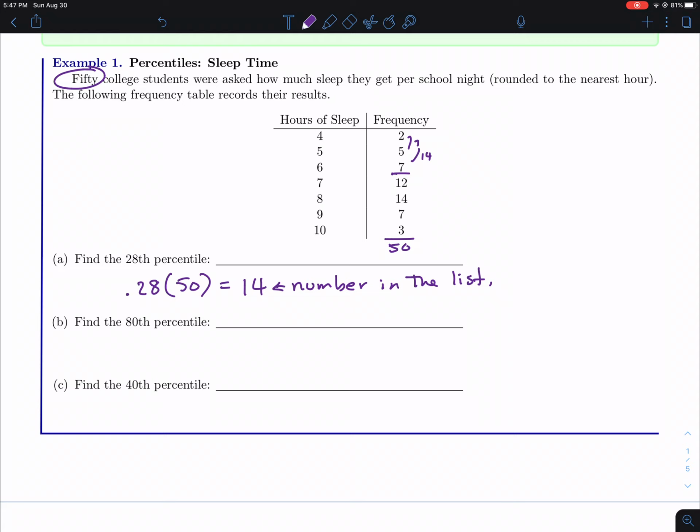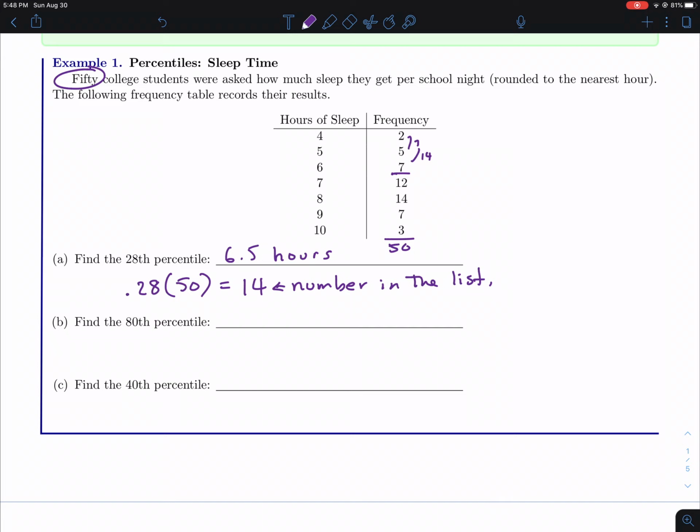But to be greater than 28%, we have to go a little beyond it, somewhere between 6 and 7. So we say it was 6.5 hours: we take 6 plus 7, divide by 2, and get 6.5 hours, because the 6 itself was at the very top of the scale.